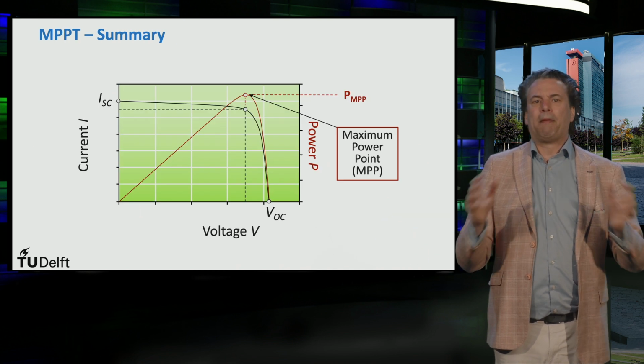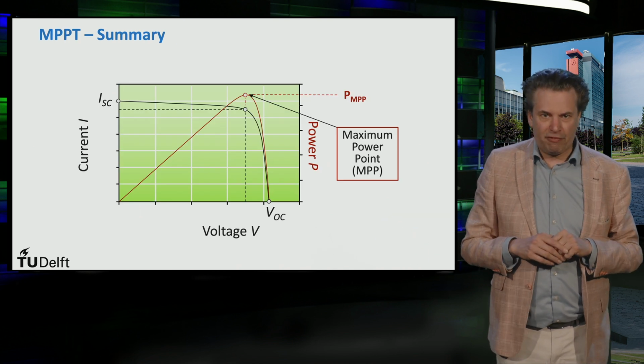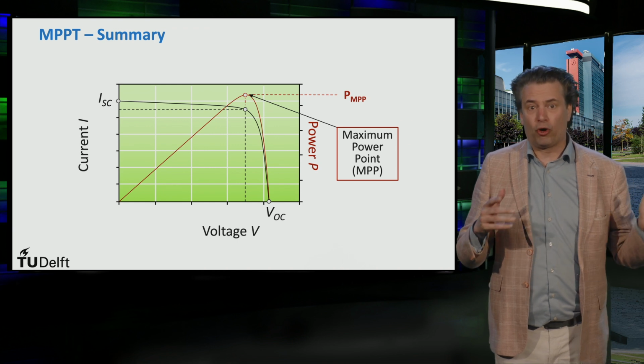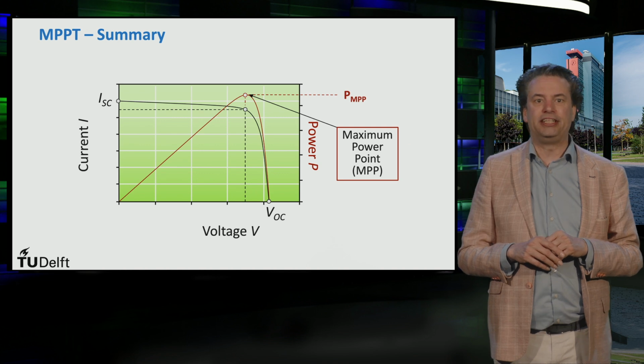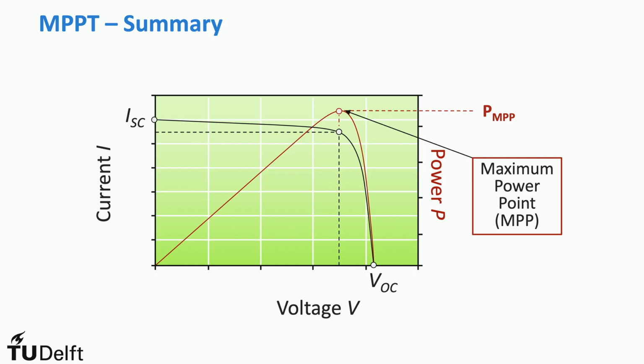In summary, maximum power is delivered from the PV cell, module, or array if the operating point is the same as the knee of the IV curve. An ideal maximum power point tracking device is not only able to track that knee under varying conditions, but also maintain the voltage and current accordingly.